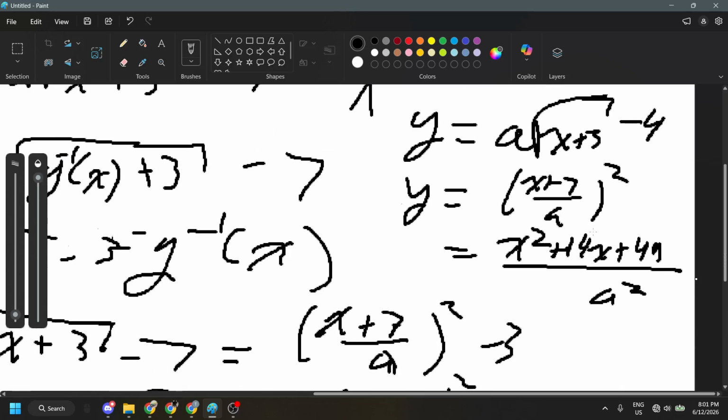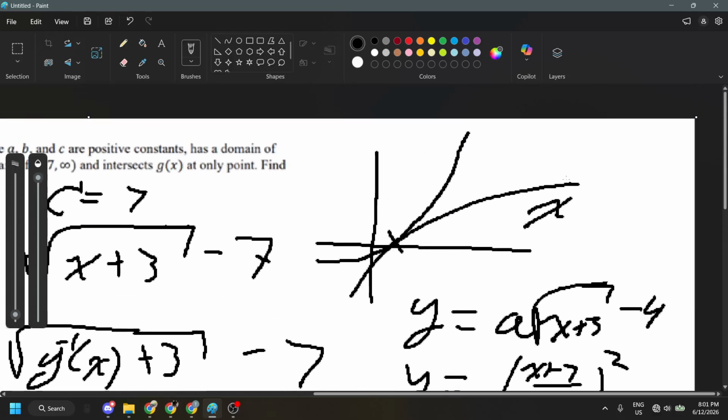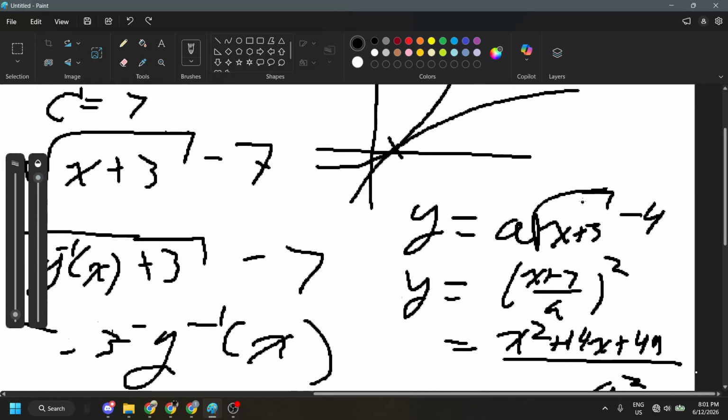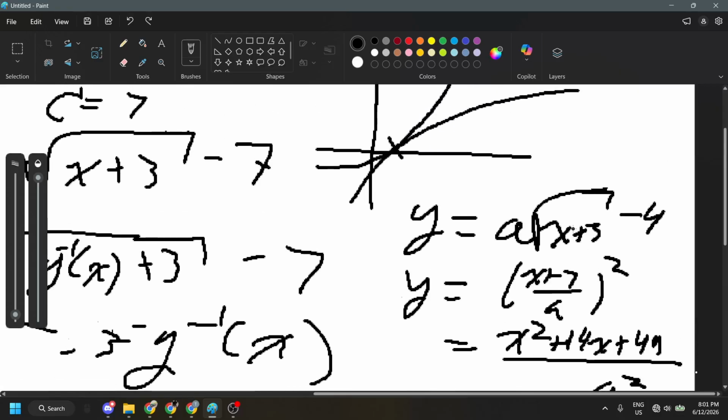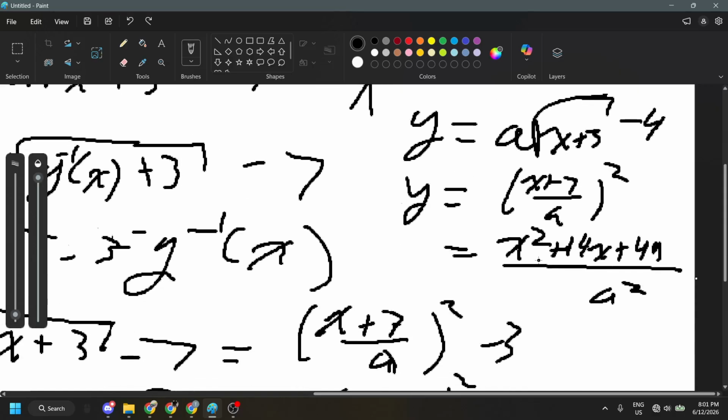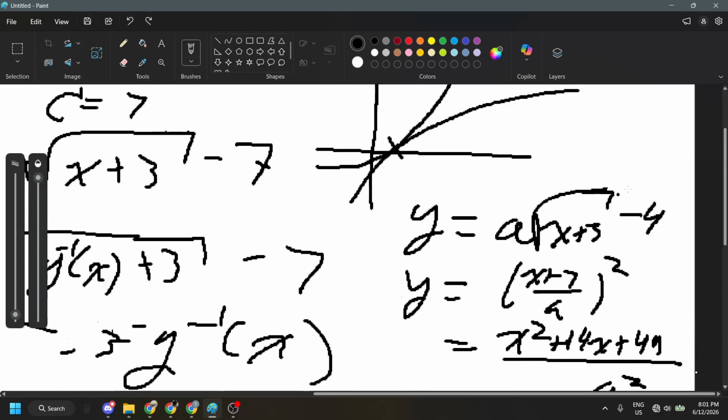I don't know how these can ever equal each other. Because if we make x large, then there's this x squared term which will get extremely large. But this already has the 49, so it's very large already. Then does that mean that a has to be pretty large to make this equal out, I guess.